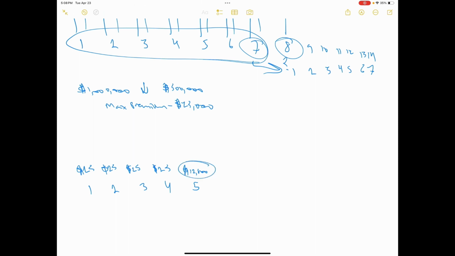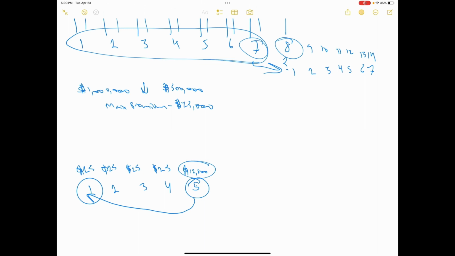The problem is that if you make that change in year 5, the tax code says that the new maximum premium resulting from the death benefit reduction is the maximum allowable premium in all years retroactively back to year 1.